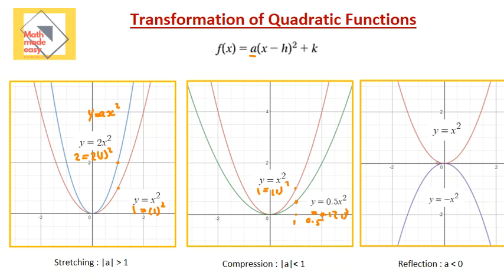Now, what happens if a is equal to -1? So this is y equals -1 multiplied by x squared. So a here is -1. If a is negative, if it's less than 0, it shows reflection. In this case, it's -1, so the parabola is only reflected over the x-axis.